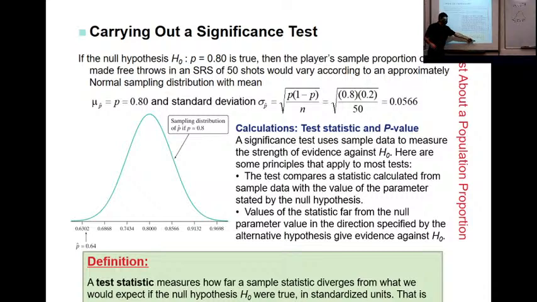This is, by the way, just like the confidence interval structure on your formula sheet, which has the statistic plus or minus the critical value times the standard error of the statistic. That was the structure of the confidence interval formula. This is what the test statistic formula is on your formula sheet.